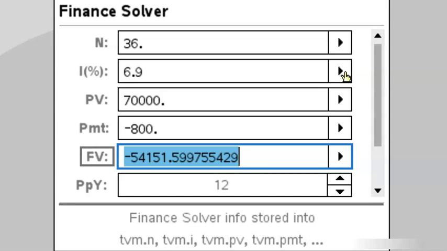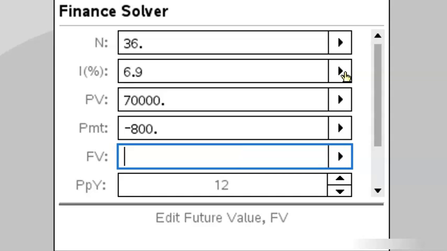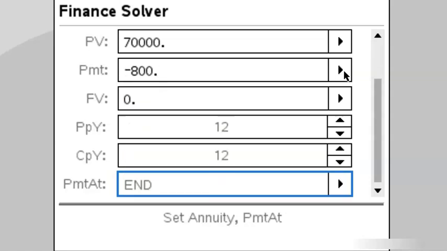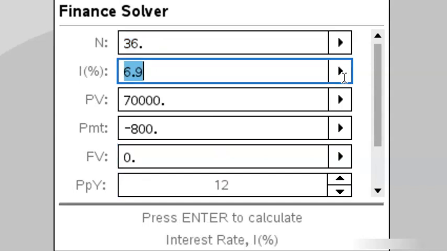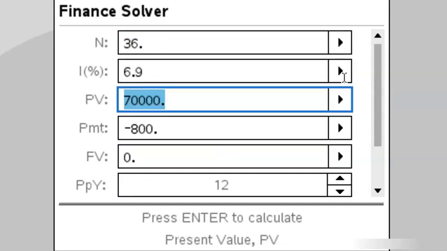Now what we want to think about is what was our principal value. So what was the starting point in order to achieve a fully repaid loan, so a future value of 0, in a further 3 years of payments.